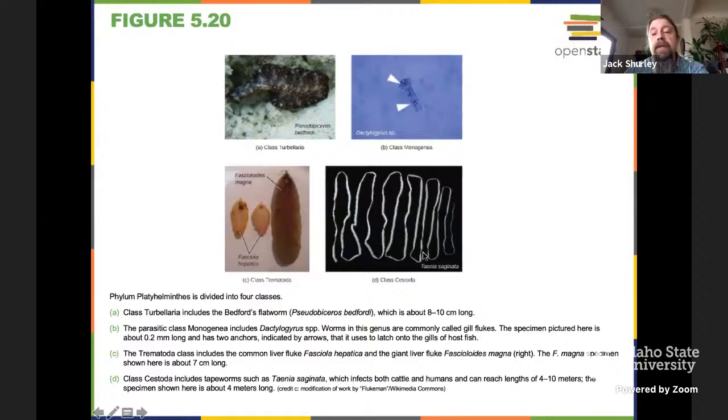With the cestodes, these are the tapeworms. We usually think of different types of animals, so us and maybe other types of livestock, pigs, cattle, even fish, with some potentials for some really surprisingly huge worms, as we see this ribbon-like worm. And this is Taenia saginata, which is the beef tapeworm, potentially meters long, 4 to 10, we say here.